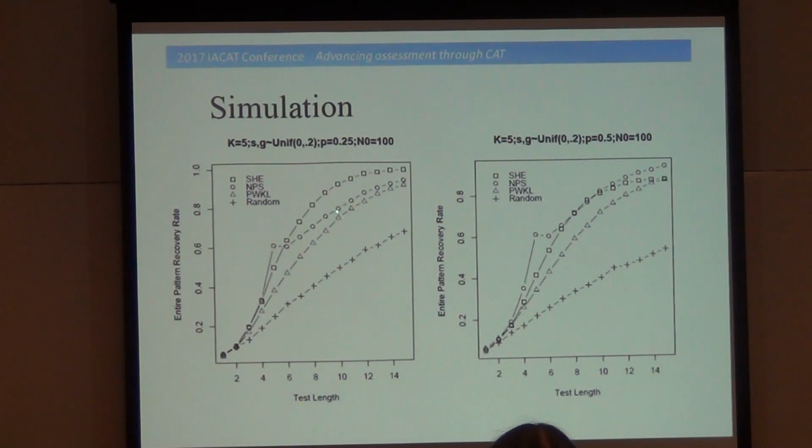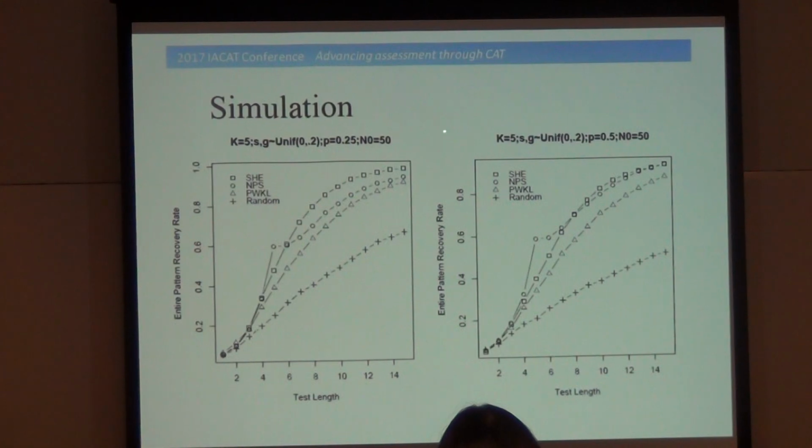So in this scenario, the SHE performs the best, but it's interesting that the NPS performs better than the SHE method when the item bank has fewer single attribute items. Okay, and when the calibration sample gets smaller, the discrepancy between the SHE and the NPS gets smaller, and on the right, it's similar.